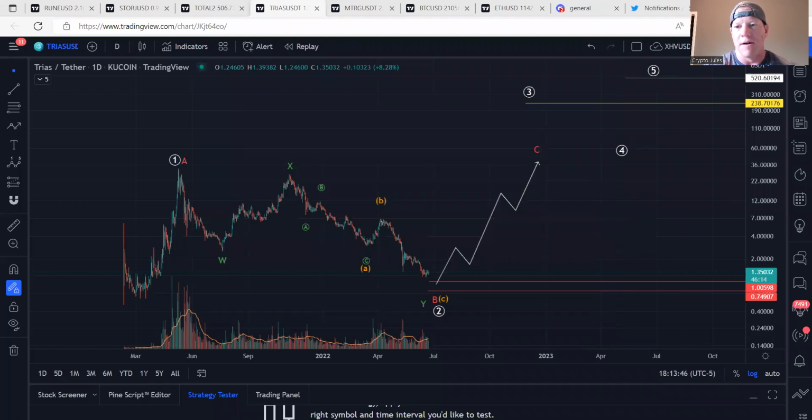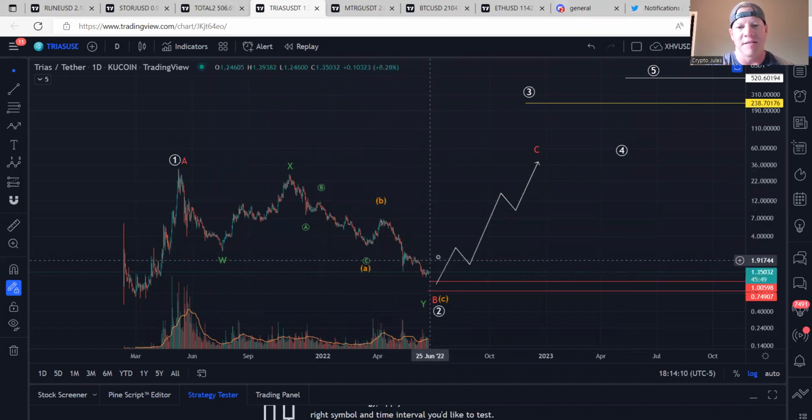Let's hop straight into the Trias chart. All right, so I am going to get into the weeds a little bit here on Elliott wave principle, wave structure, and that sort of thing, because we have retraced so deep. It opens the door to another potential scenario, being that this entire structure is actually just one large corrective structure.